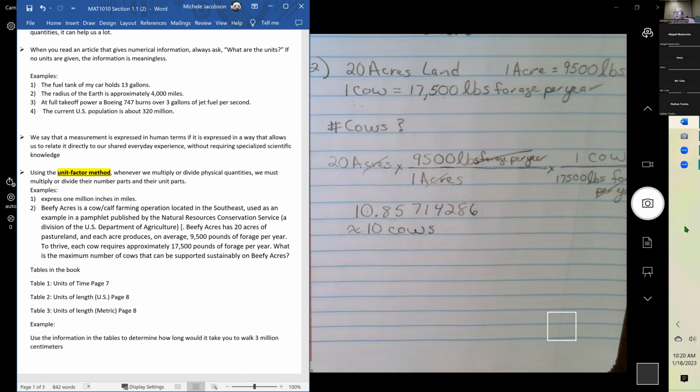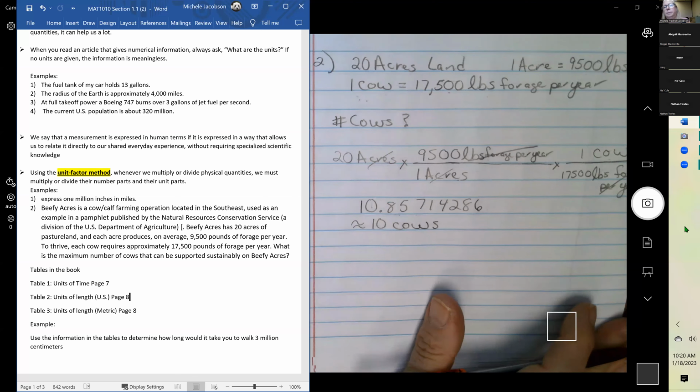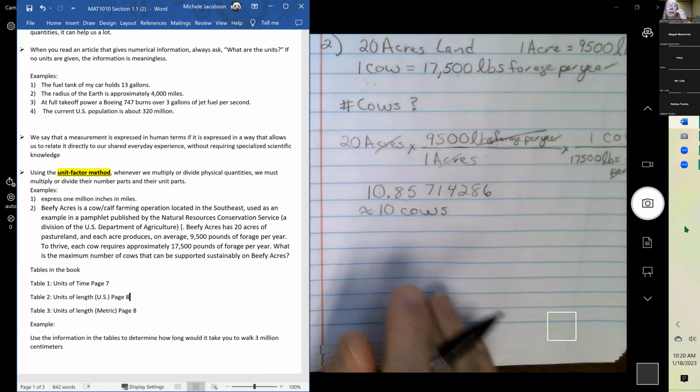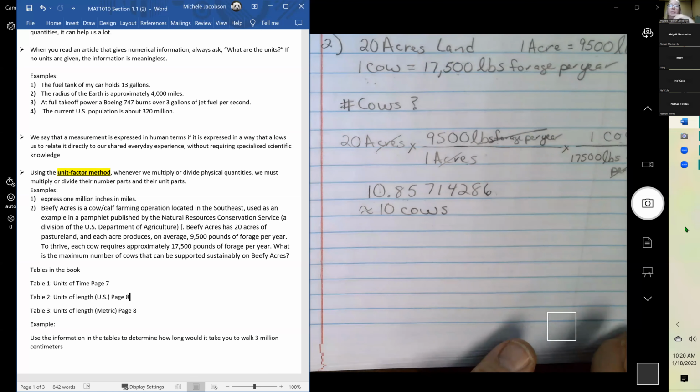I would not take off because of something like that on a test. But usually I'll put be careful, round properly, so that you're thinking about the story problem. But no, I would not take off if you put 11 cows. I might put can't really feed the 11th cow, but I wouldn't take off.